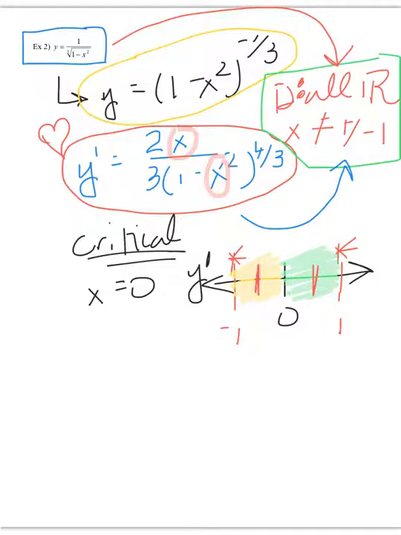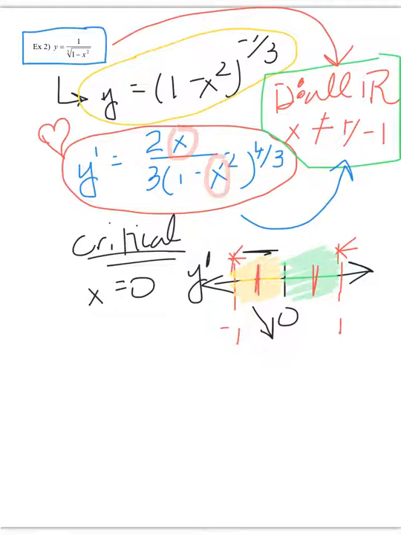And when I plug a negative value into the denominator and I square it, and I take away 1 from it, I'm getting a positive number. So therefore, my derivative is going to produce a negative value. Let me fix that there. So when a derivative is negative, we know that the function must be decreasing.